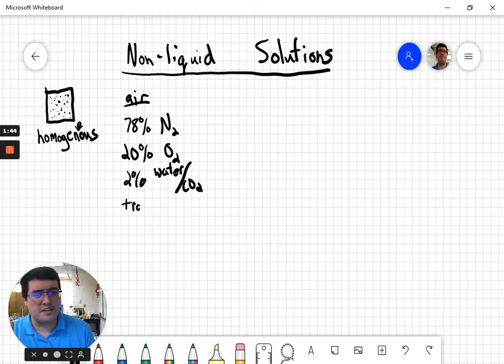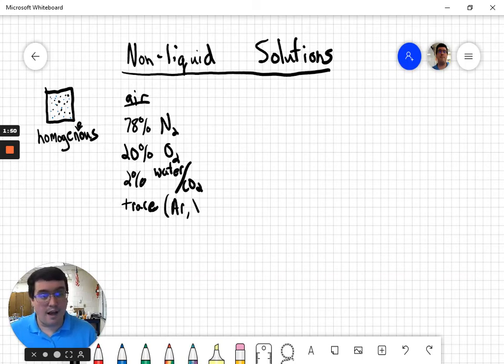And then there's some other trace gases, things like argon, xenon, and helium. If you're really unfortunate, there might be some radon in the air. Ooh, bad for you. So air is something we can measure percentage-wise.